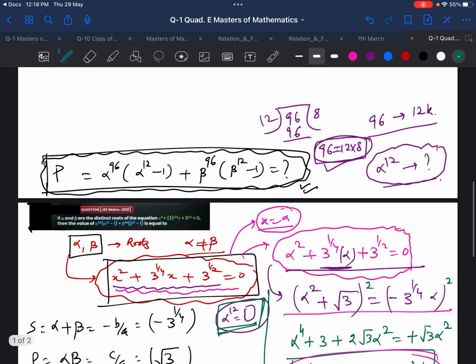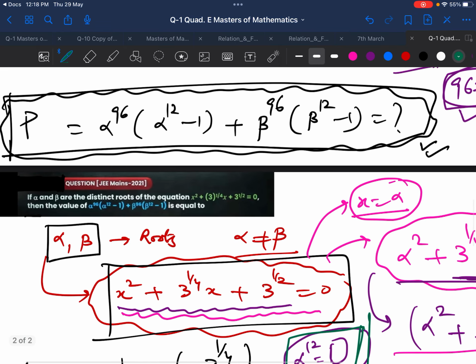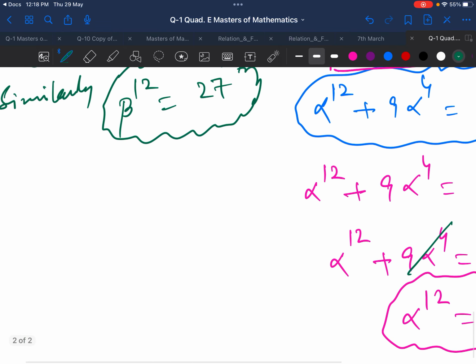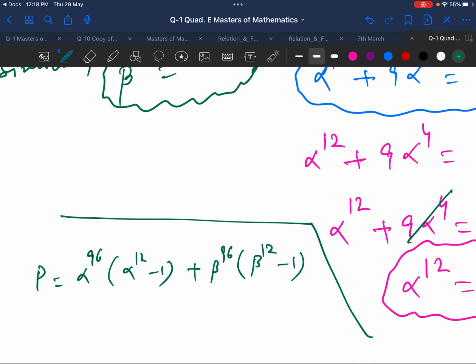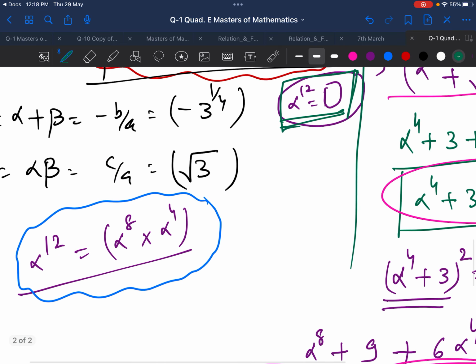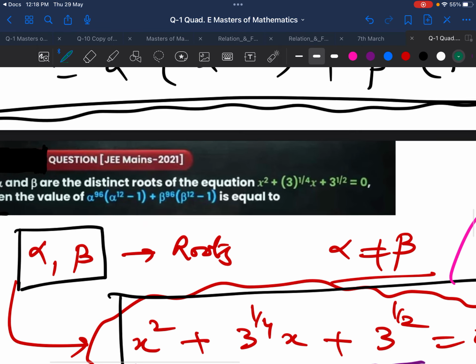Now my question says I have to find this value. So I will write this expression P, that is alpha raised to power 96 into alpha raised to power 12 minus 1 plus beta raised to power 96 into beta raised to power 12 minus 1. This is the expression which is required to find.